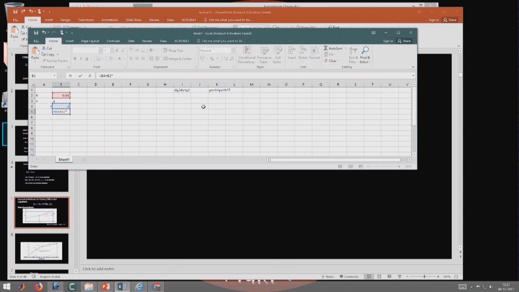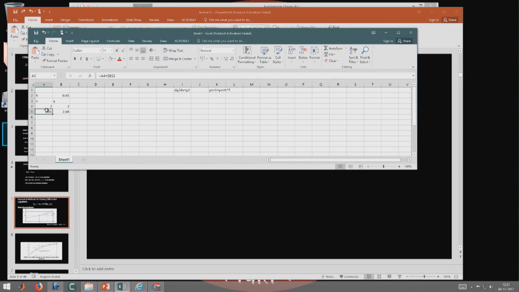That means we take this raised to the power 2. Okay, so it's 2.04 at this, at 2.01, okay, and so on actually.